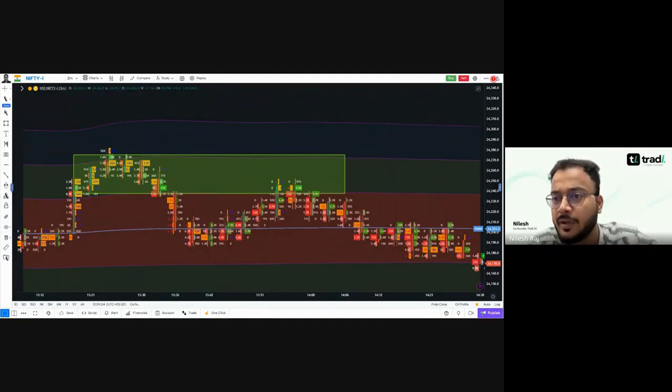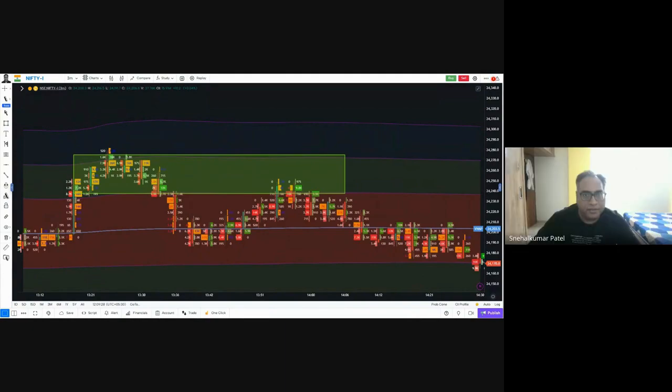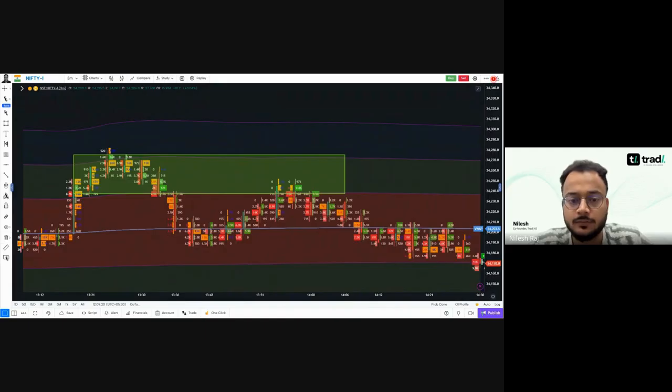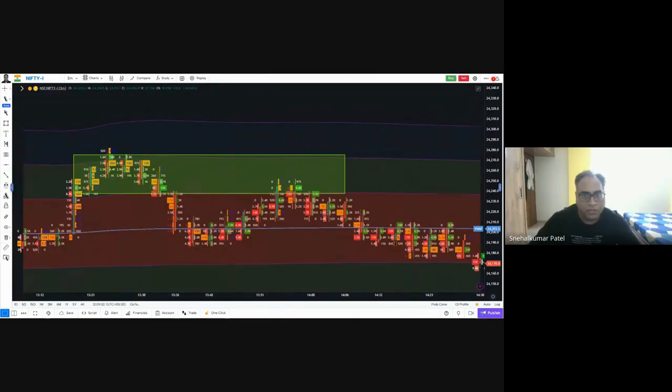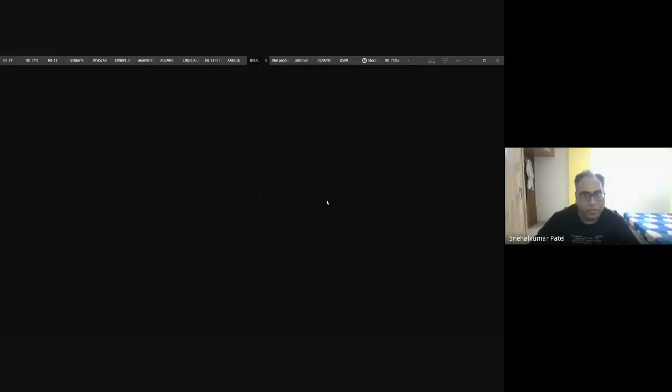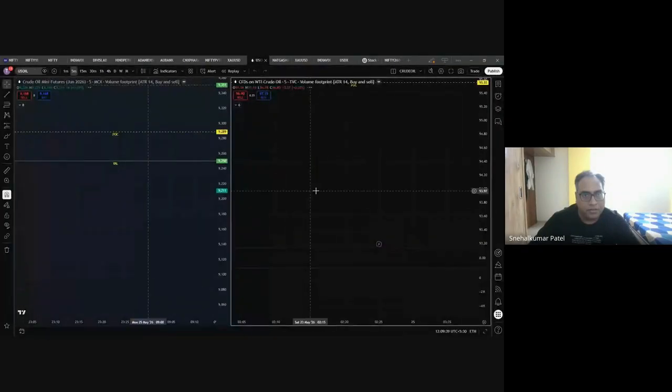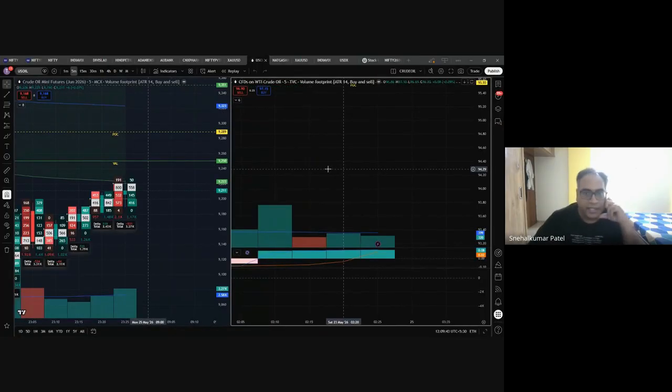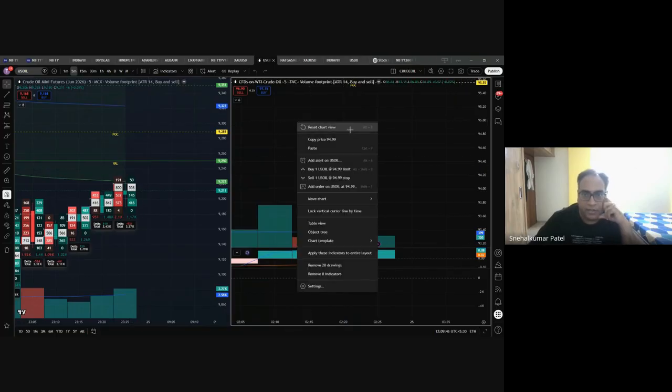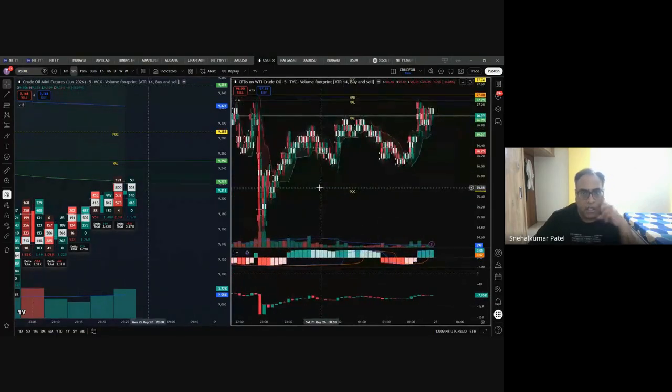I suppose a lot of people have TradingView subscriptions, so maybe you can give us a quick overview there as well. Yeah, so I'm just loading my screen. This is how I generally take trades in commodities using order flow.